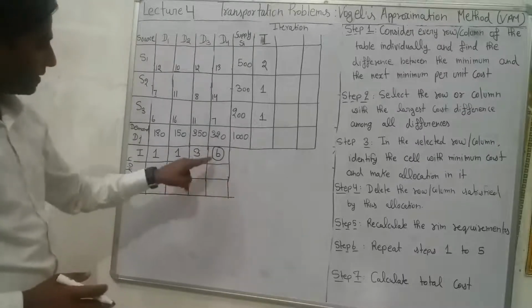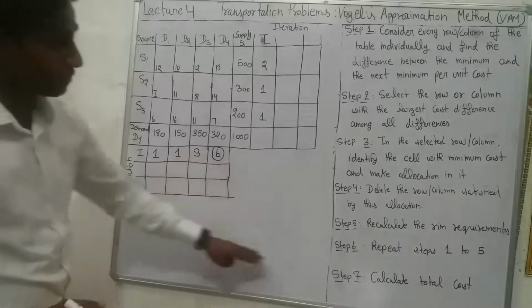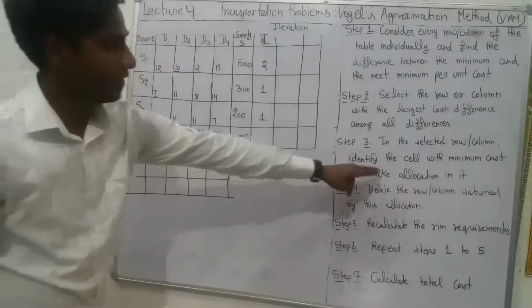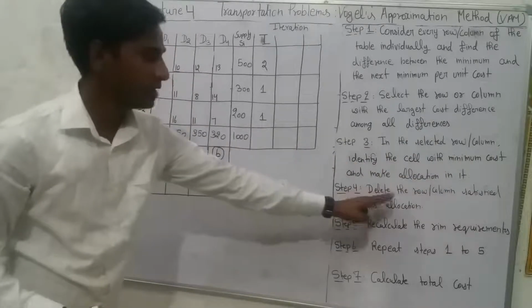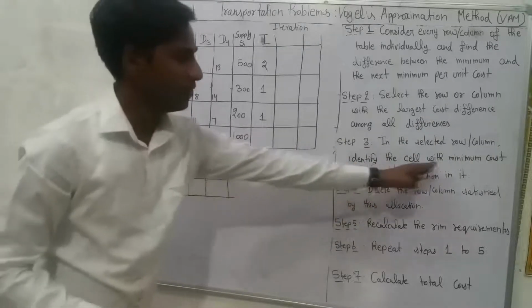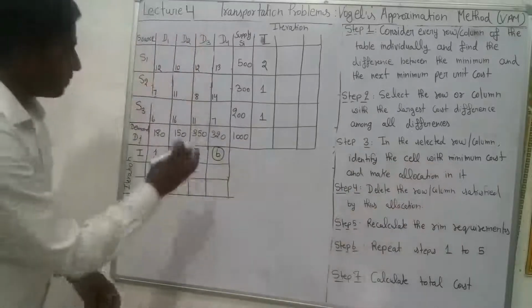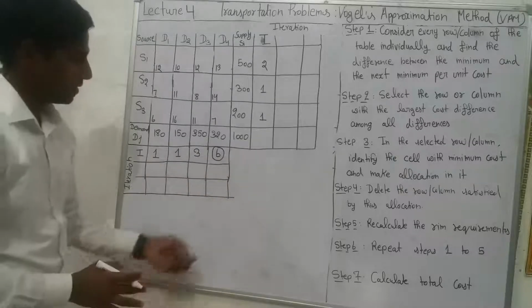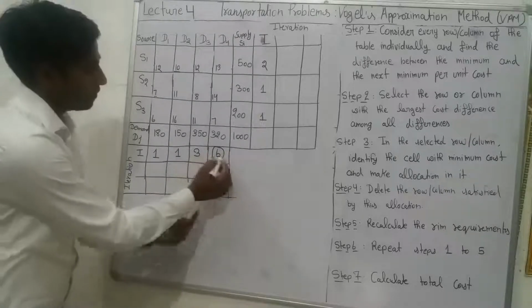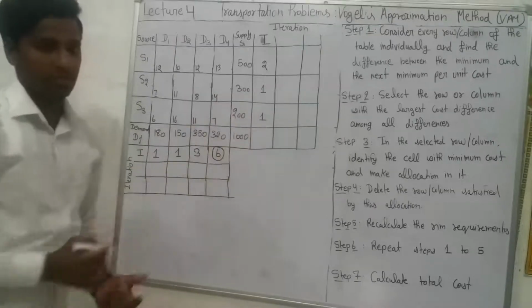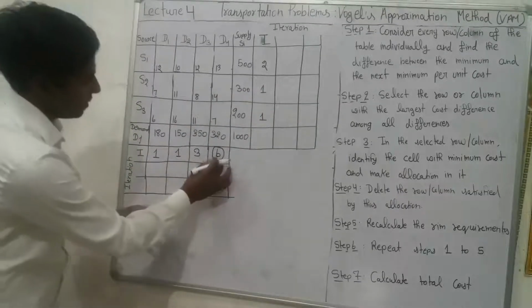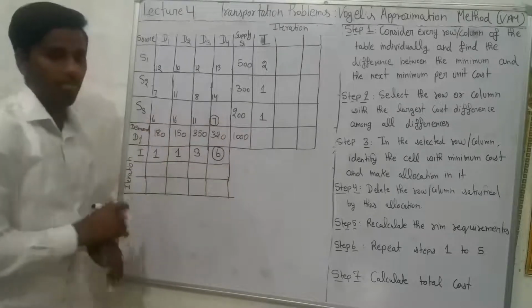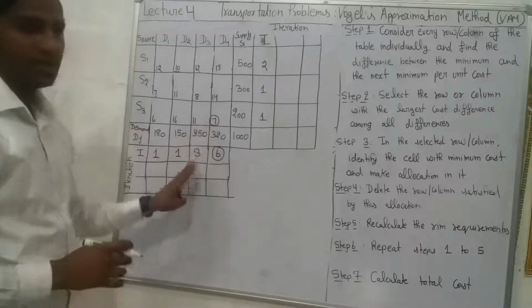After selecting the highest cost difference, what we have to do? In the selected row or column, identify the cell with the minimum cost. So in the fourth column, we have selected the largest cost difference. Now in this column, we have to find the minimum cost, which is 7.